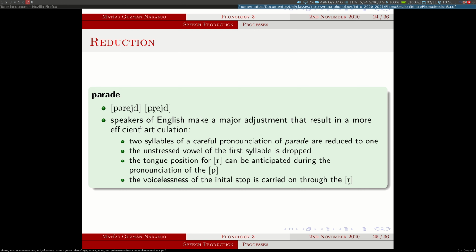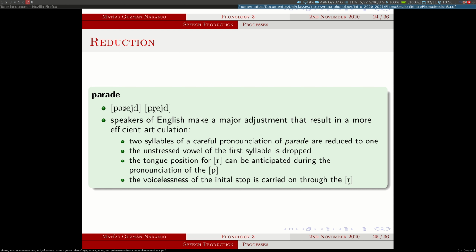This is another example. I'll come back to this in a second. Here's an example of reduction. The word "parade" in English can be reduced to "prade", and this is because you can anticipate the production of the r in English.